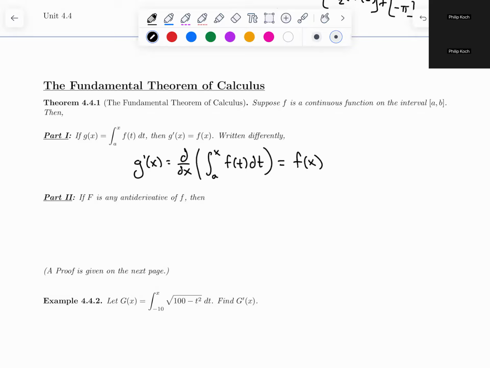We now know definitively that differentiation is the opposite of integration. If you integrate something and differentiate it, you get back to the starting point. That's the key. That's the reason why that was so central. It connects so many things, and we'll see in the proof why it connects so many things.